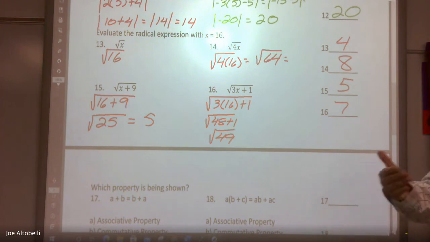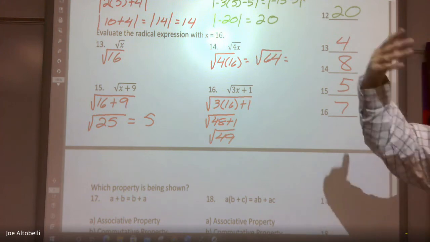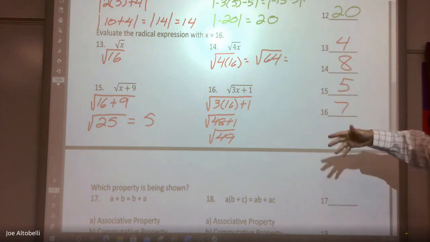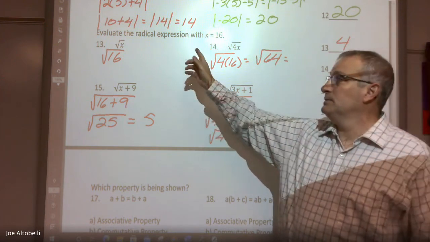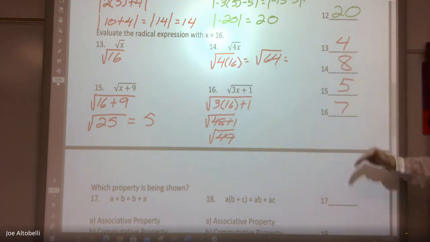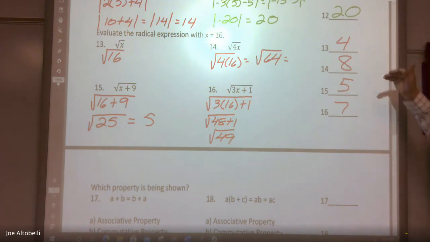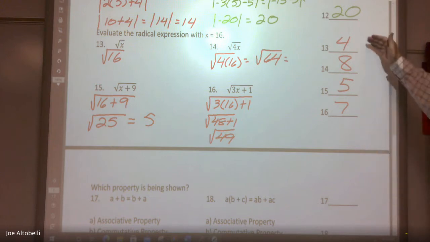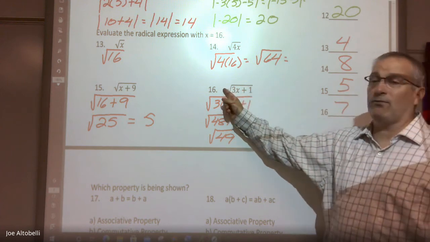Because I haven't taught you how to do square roots of non-perfect squares. Not yet, anyways. So, all of these, you get a whole number answer. Please remember on your test, you're also going to get a whole number answer. Also, all of these are positive. Only way it would be a negative is if I had a negative out front, which we won't.